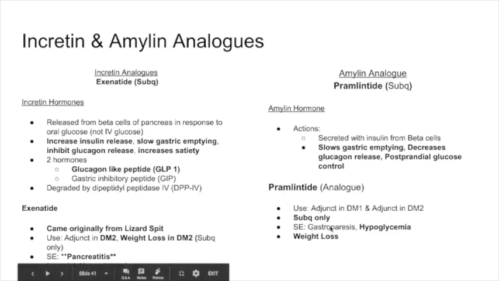Side effects for it is gastroparesis because it slows gastric emptying. Exenatide can also cause gastroparesis, and amylin cause hypoglycemia and weight loss. But really, the biggest thing that I want you to know is that these medications are analog of incretin and amylins, and the one really big side effect is the pancreatitis from exenatide.